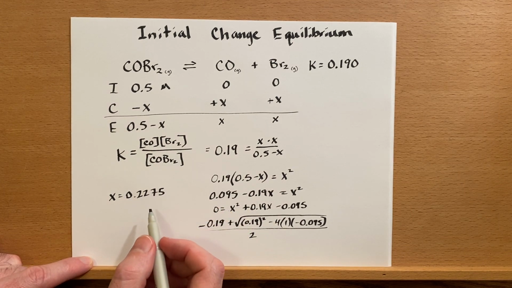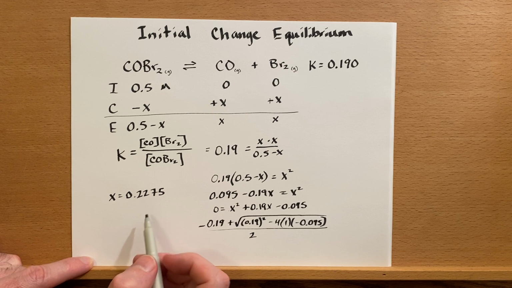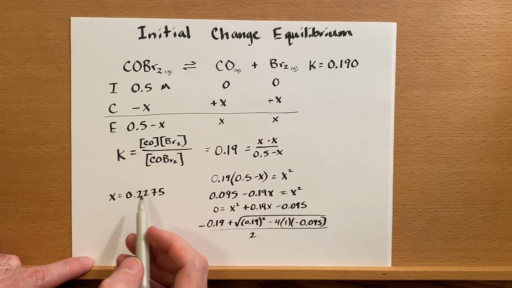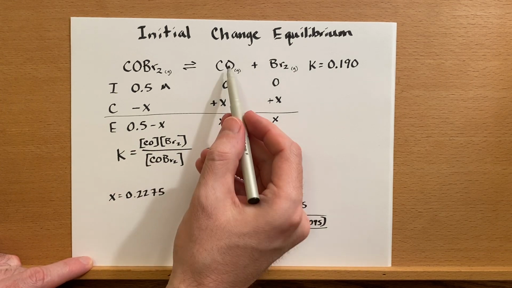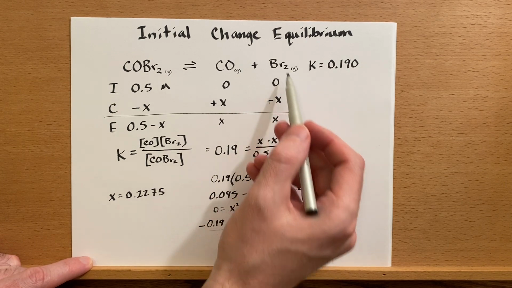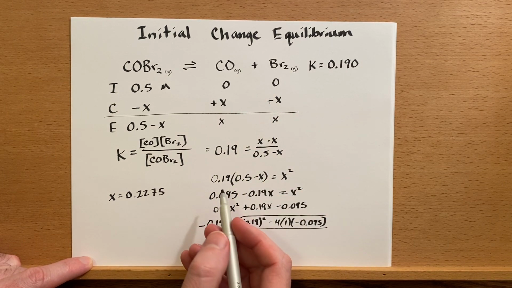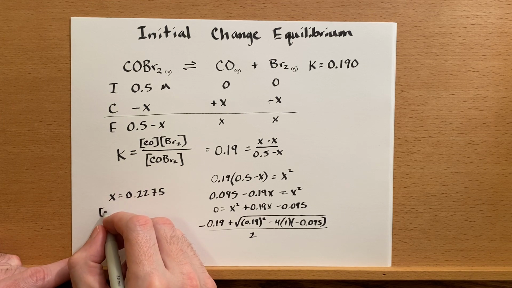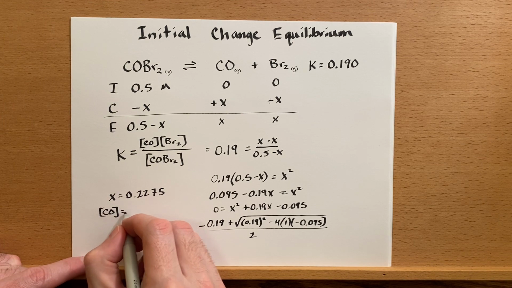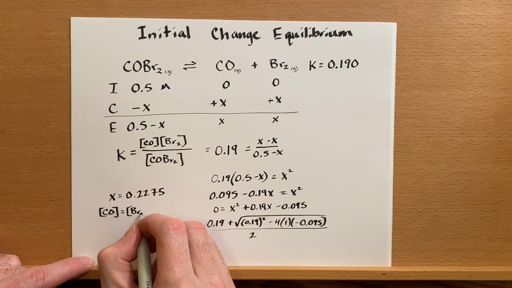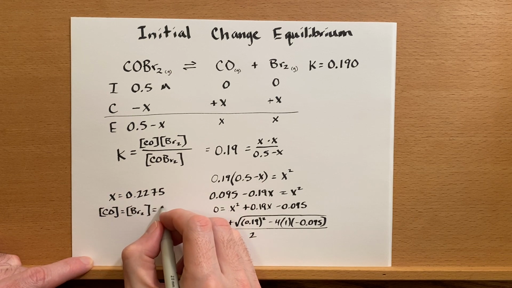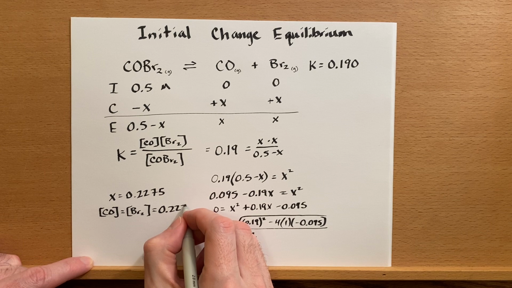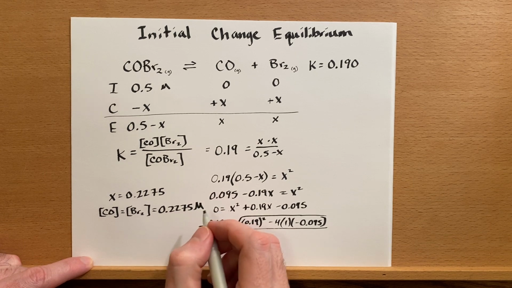Now that we have X, we can calculate the concentrations for each of these at equilibrium. And since X is the concentration of carbon monoxide and bromine, we can simply just write that down. So concentration of CO equals concentration of Br2 equals 0.2275 molar.